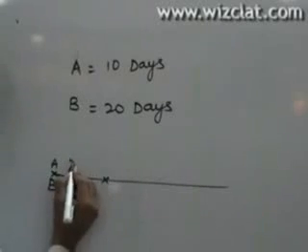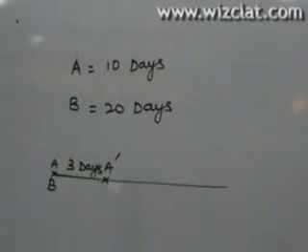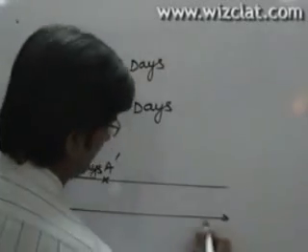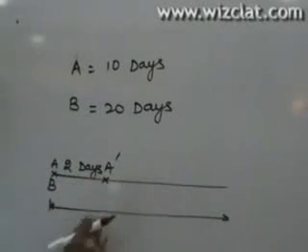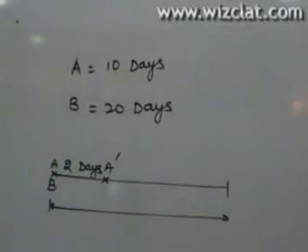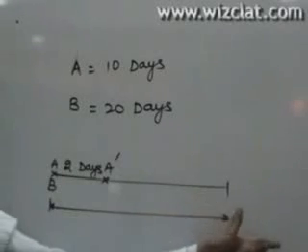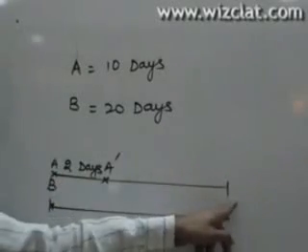Well, let us say after 2 days A left. So the remaining work was done by B alone. The question is how long it took to complete the work by both of them.